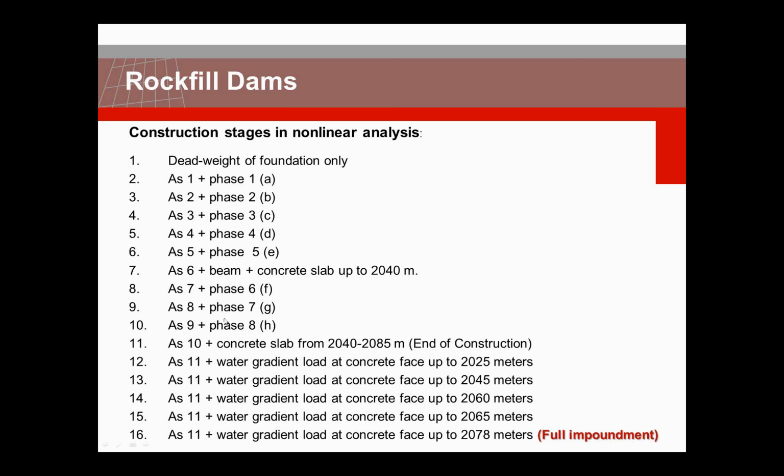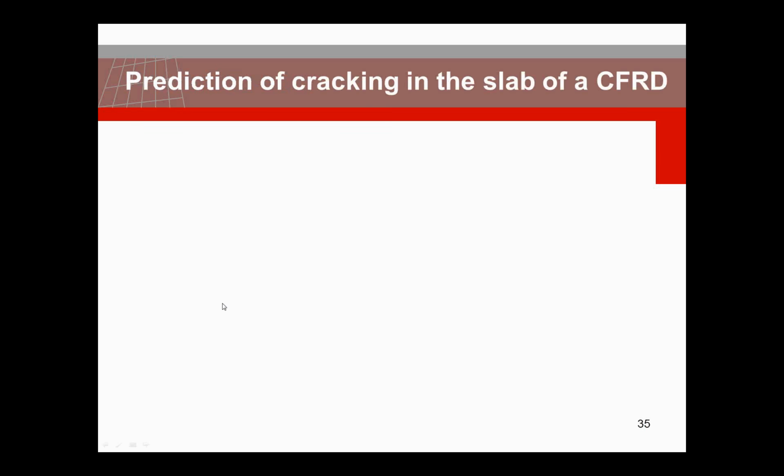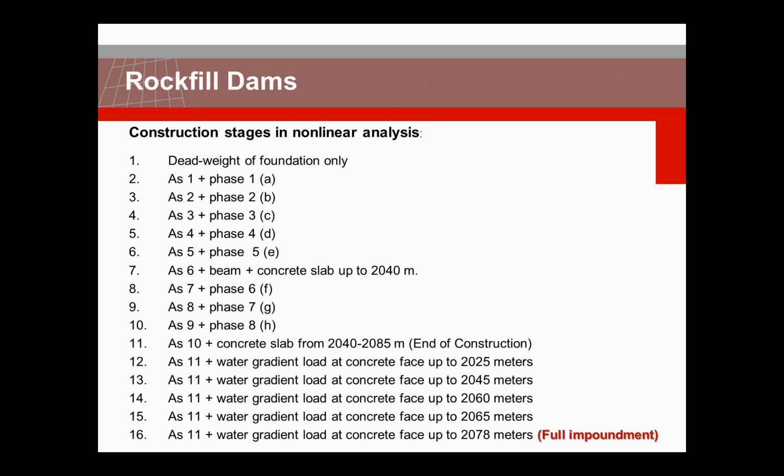Then in the next phases the rockfill body was completed, followed by completion of the concrete slab. That was what we call the end of construction of the dam, and from then on we applied a hydrostatic water load with increasing water level in 5 phases up to full impoundment in stage number 16.